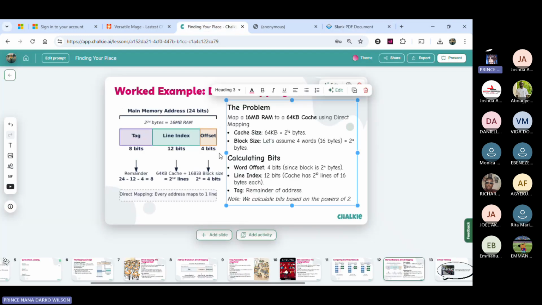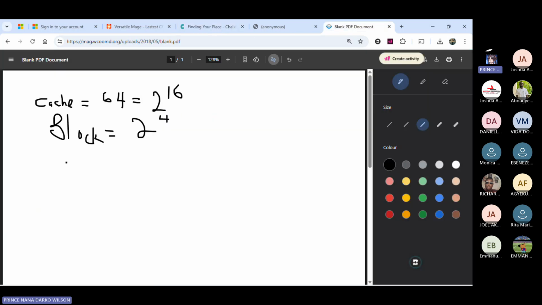We are supposed to find our tag, our line index, and our offset. So let's start by finding the offset. To find the offset, you just use this particular formula: log 2 of the block size, always.